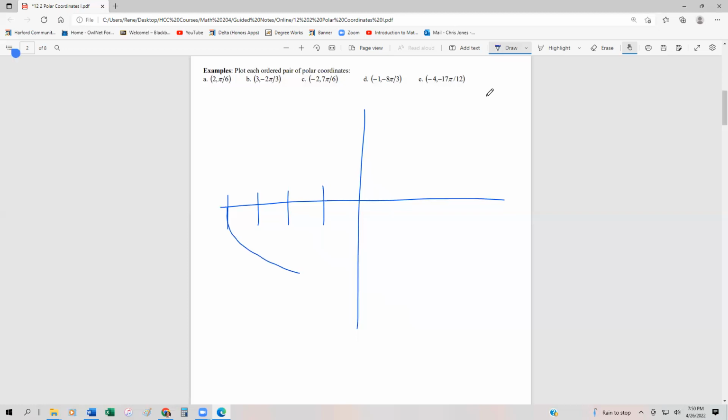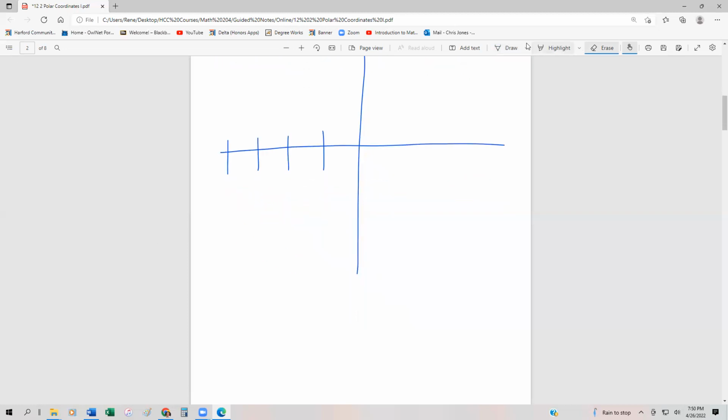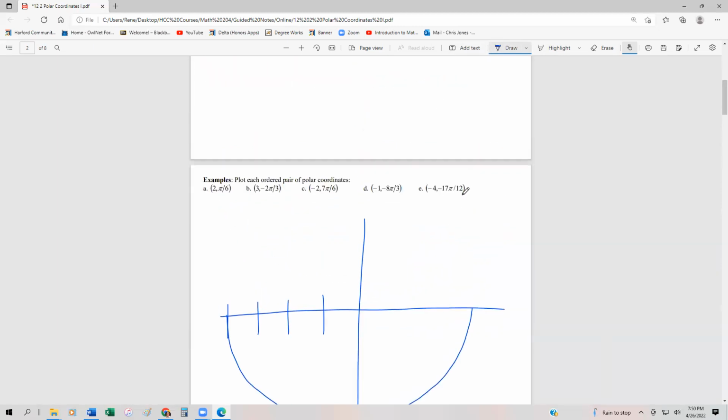Let me draw that again. It's not a good drawing. This right here would be pi, and then we have 5 pi twelfths left, which is a little bit less. So we might end up right about here.